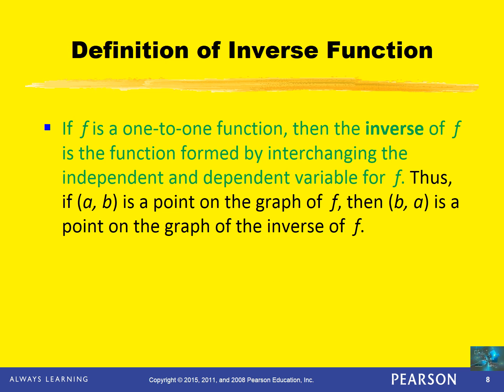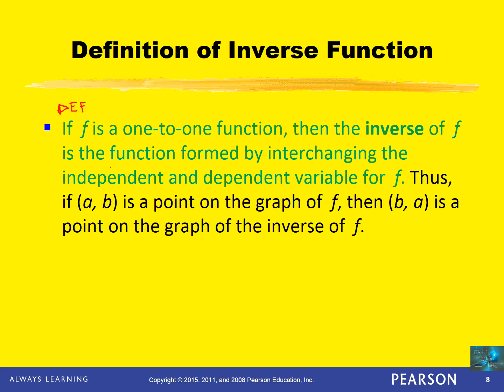If f is a one-to-one function, then the inverse of f is the function formed by interchanging the independent and dependent variable for f. So here is your definition of the inverse function. Okay, it's a very good definition. Basically what it's saying is you're going to switch x and y.